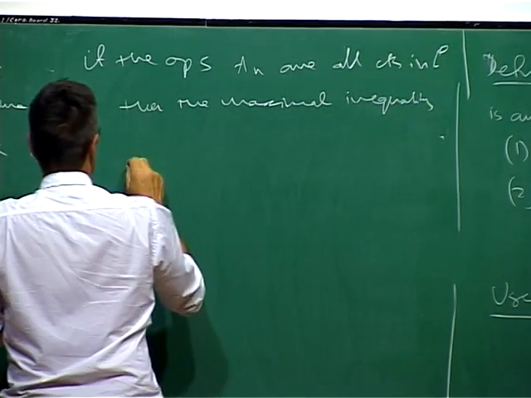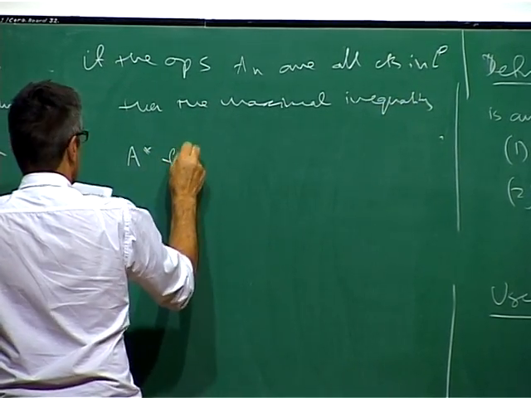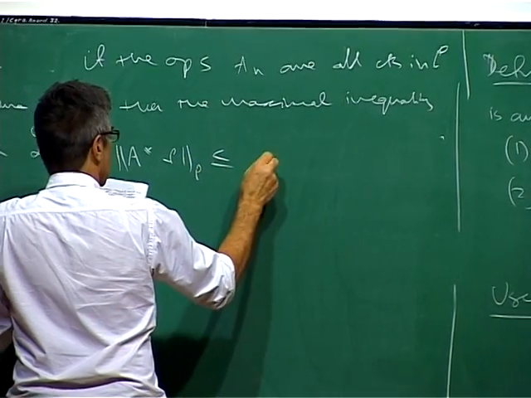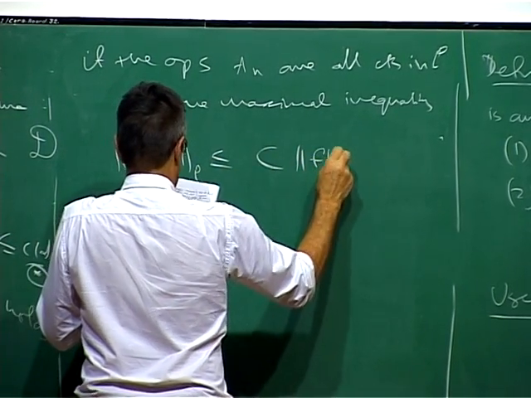So you get this maximal inequality that the L^p norm of A* f is dominated by a constant times the norm of f in L^p.